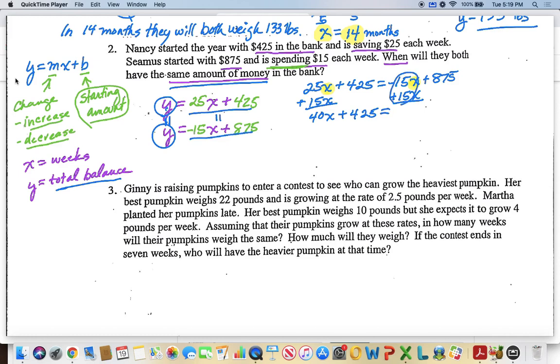Here, this is zeroed out. And so all I have left is the 875. So I'll write that down here. Okay, so now again, we are trying to isolate this x. So let's get rid of the 425 by subtracting 425 from each side.